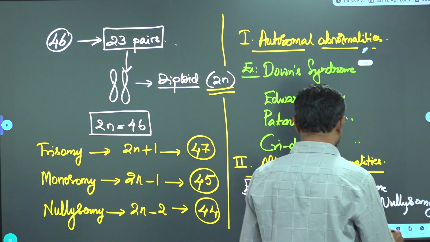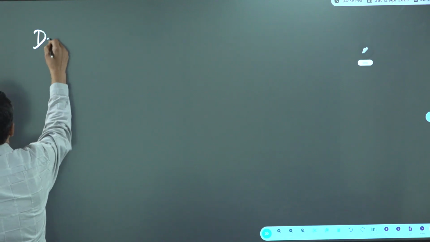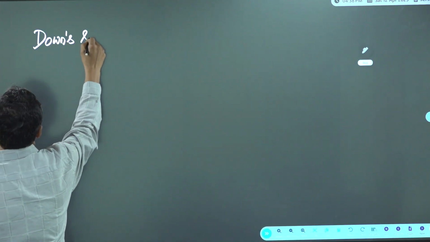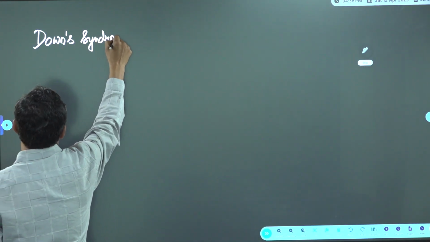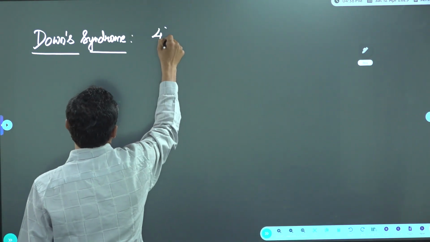First, let us see autosomal abnormalities. The autosomal abnormalities include Down syndrome. Here, the number of chromosomes is 47.